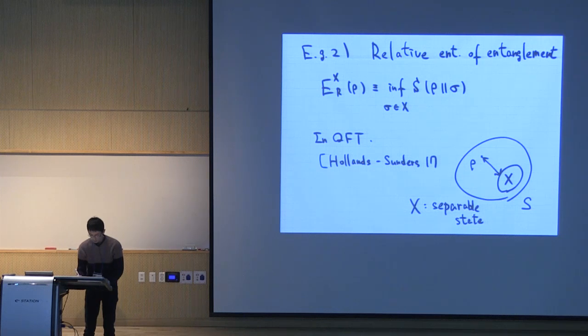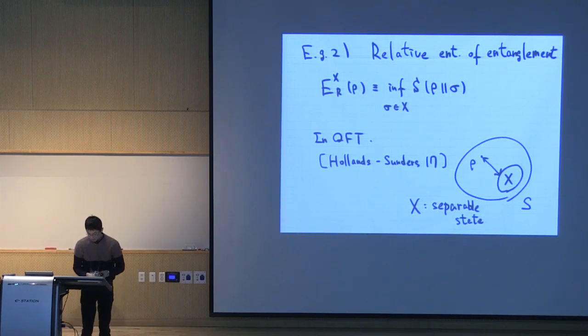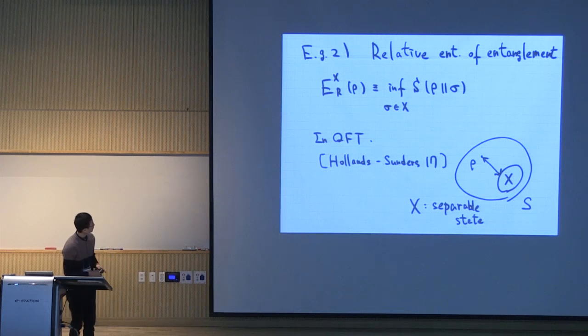They studied this measure in quantum field theory, but not directly. This measure is bounded by other measures from below and from above, so they estimated it using such bounds. So this is one nice work, using a measure given by the relative entropy.